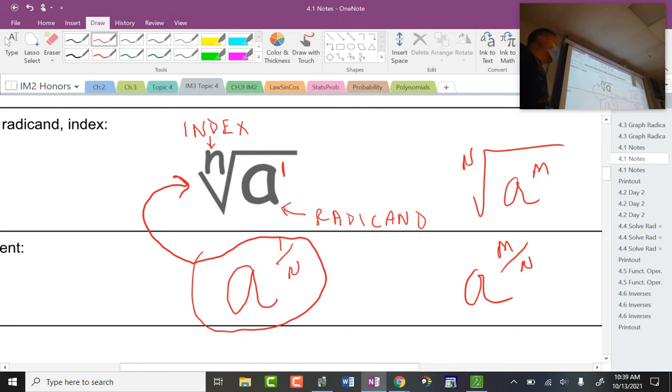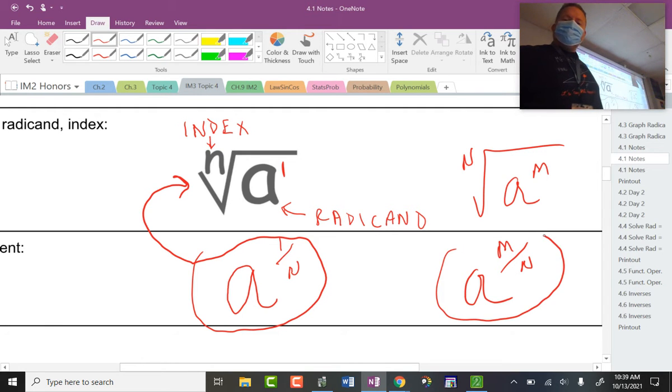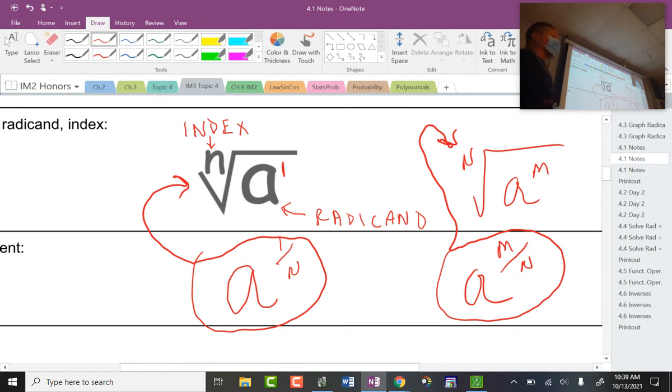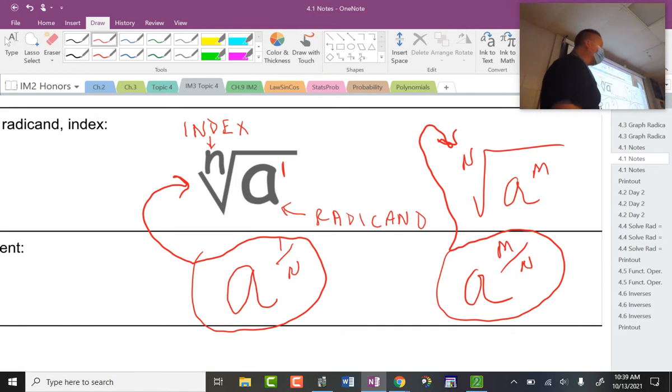That's what that means. And actually, this one has more value. When I have a to a power and then the nth root of it, the denominator of the fractional exponent represents the index of the radical. The numerator is the power on that particular thing, in this case, a. And that's just brand new.